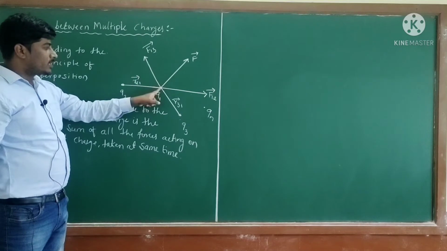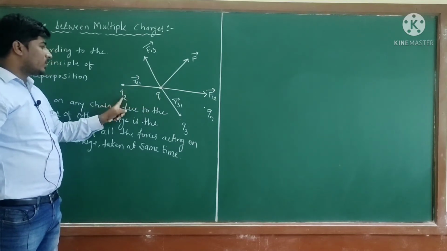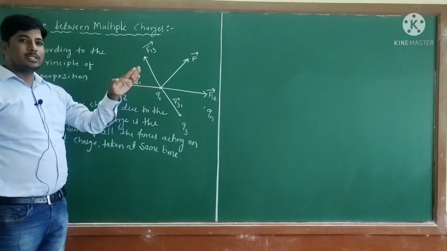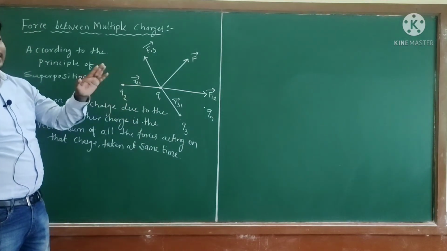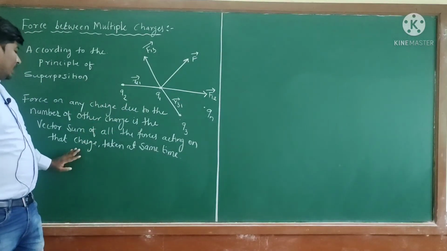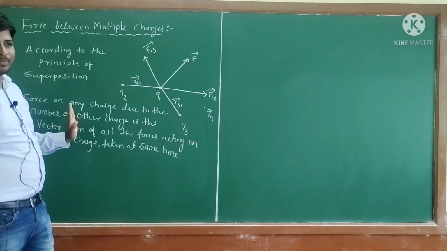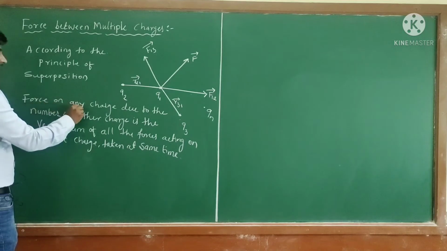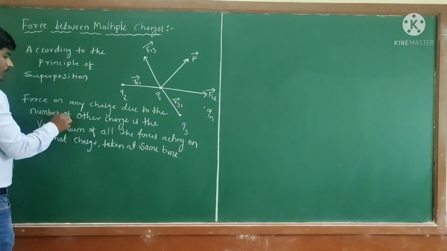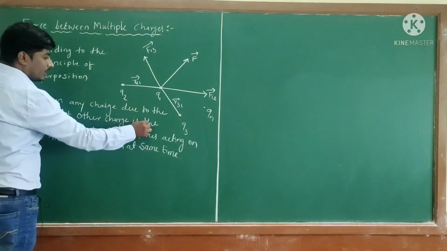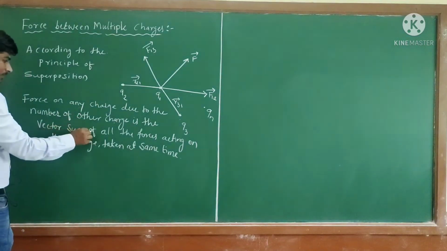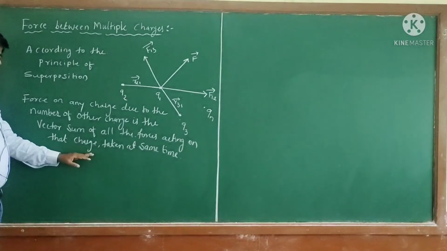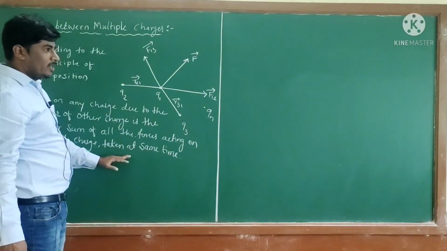So the force on charge Q1 due to the other charges is the vector sum of all the forces acting on that charge, taken at the same time.